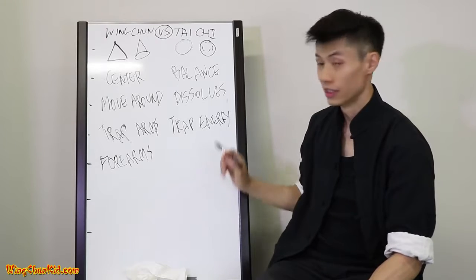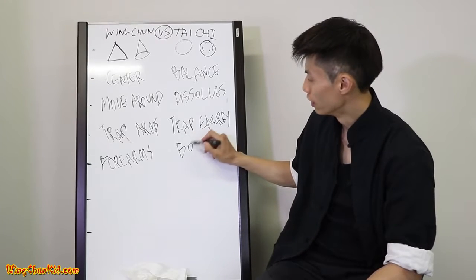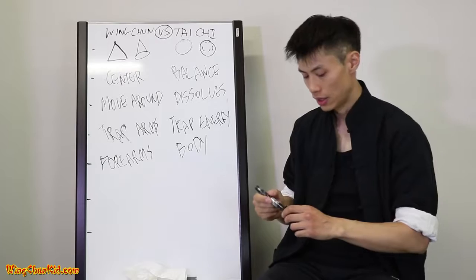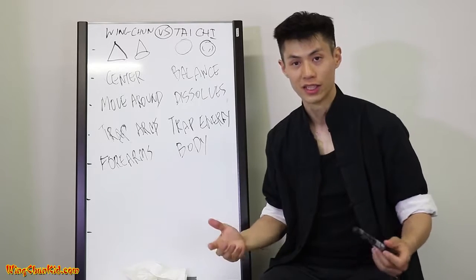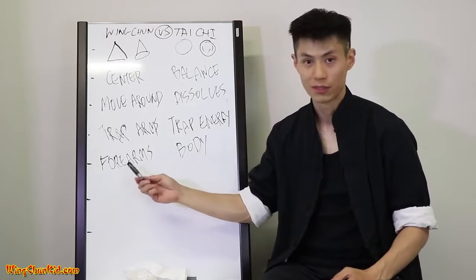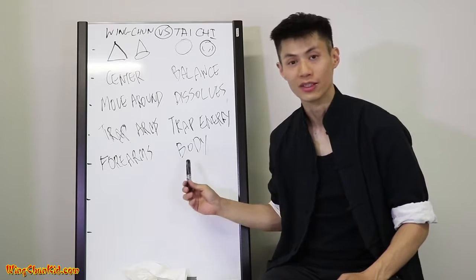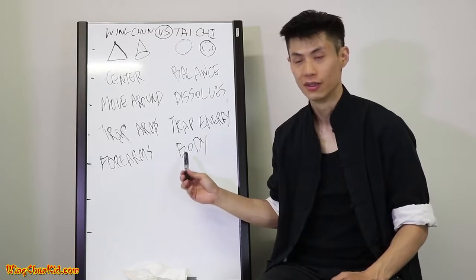Tai Chi sensitivity is throughout the whole body. Obviously, it's a lot harder to develop sensitivity in the whole body than the forearms. That's why, in my opinion, Tai Chi is a much deeper art than Wing Chun.